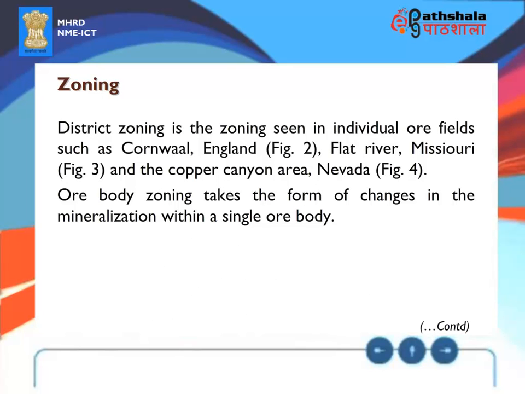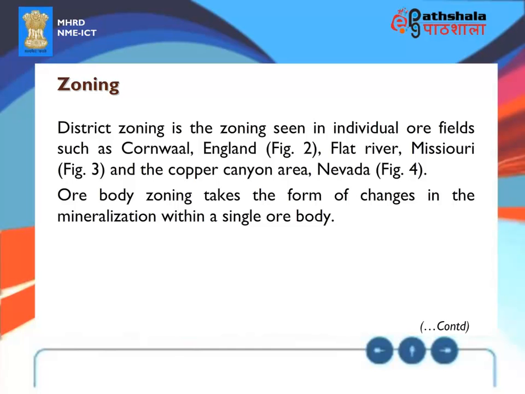District zoning is the zoning seen in individual ore fields such as Cornwall, England, Figure 2, Flat River, Missouri, Figure 3, and the Copper Canyon area, Nevada, Figure 4.